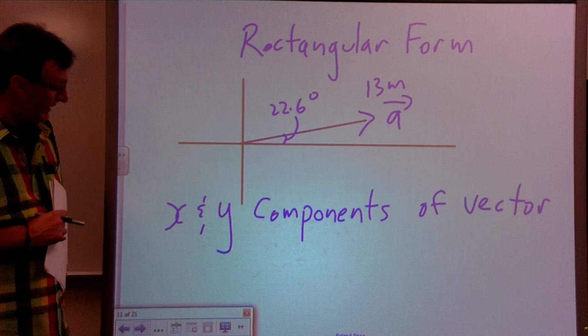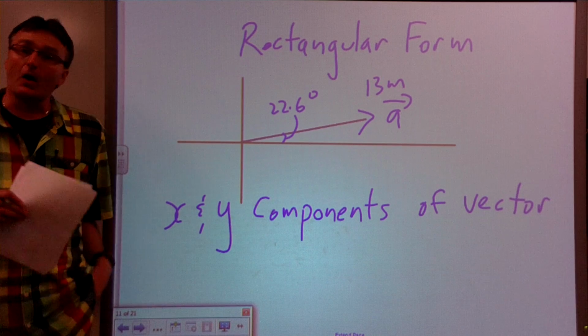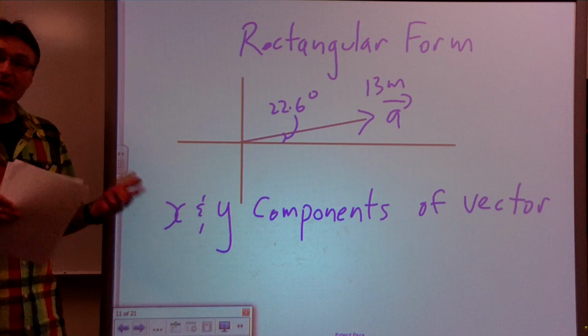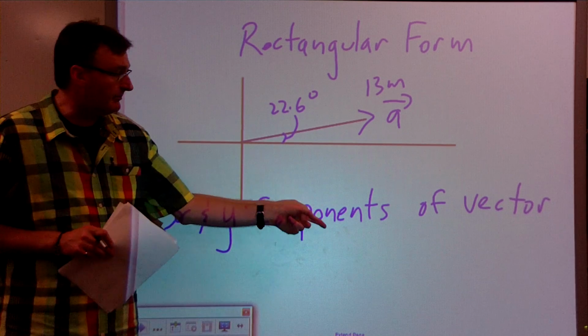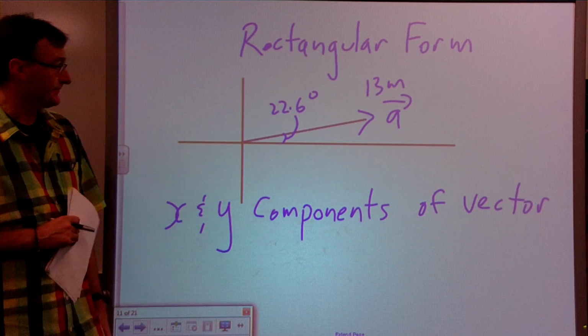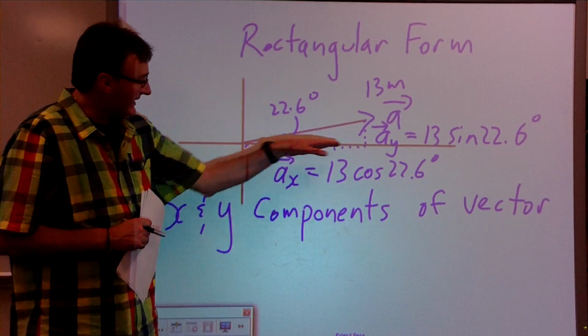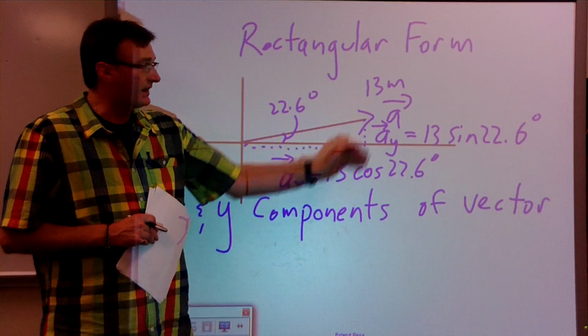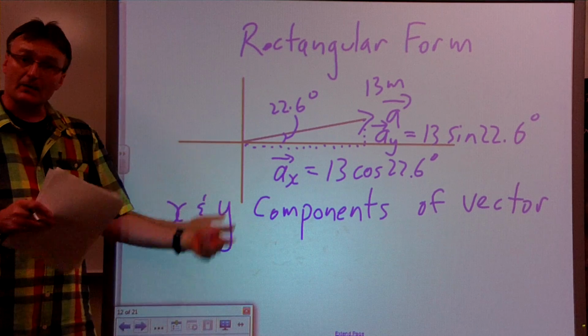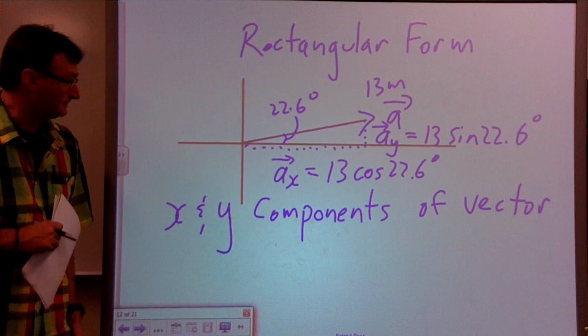In rectangular form, all we're actually doing is expressing the x and y components of the vector. We're finding the x component of the vector and the y component of the vector, and that's how we express it in rectangular form.